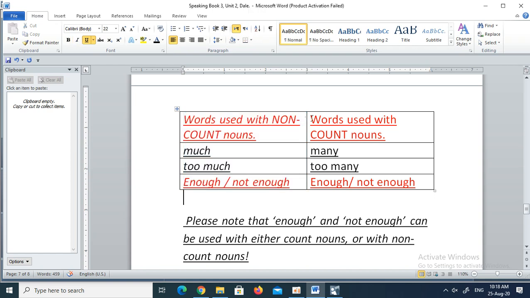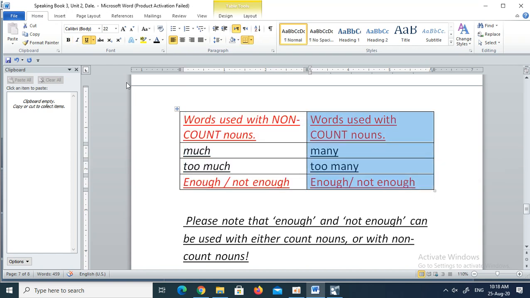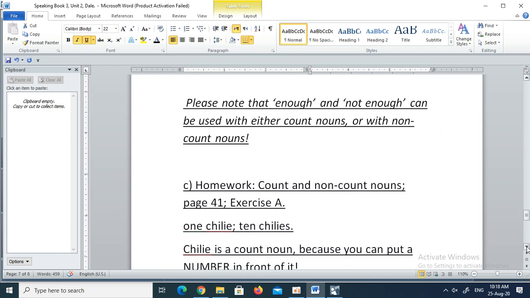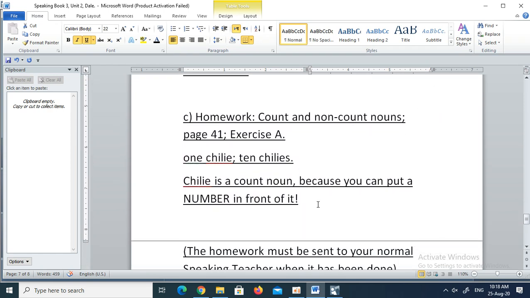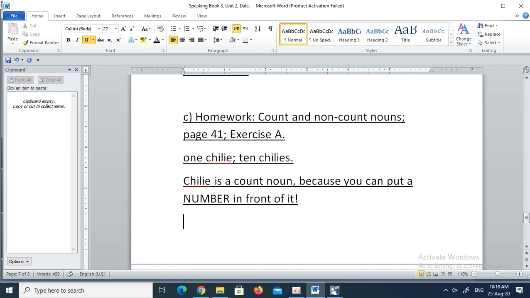We have to use one of the words for the count nouns. Okay, on this side. Chili is a count noun, which means one of the words from those blocks has to be used. And the only appropriate answer is many.